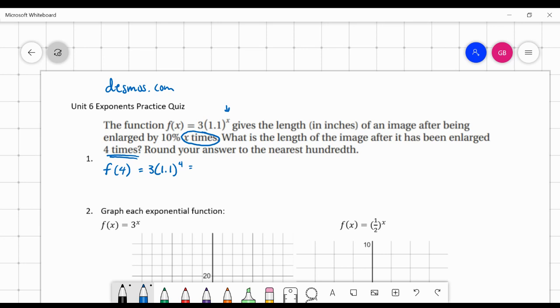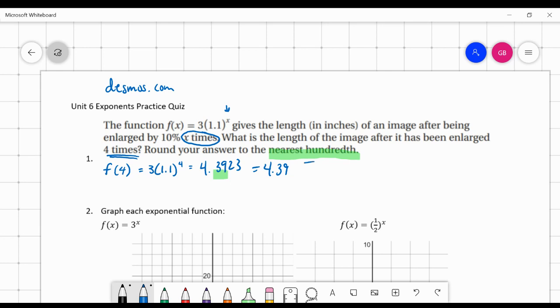So if I punch that into the calculator, I get 4.3923. But if you want to round it to the nearest hundredth, so that's only 2 decimal places, we want our answer to be 4.39. All right.